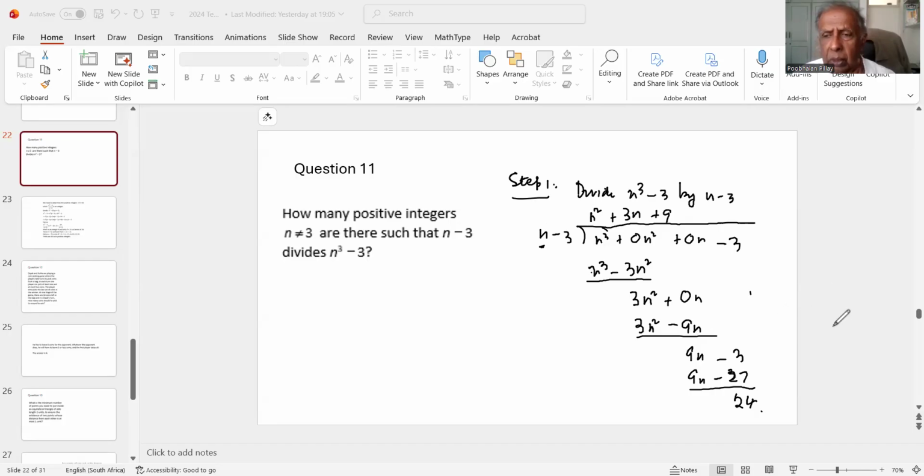All right, now what does all this say? It says that whenever you're doing division, if I'm dividing 29 by 3, I get 3 times 9 is 27, remainder 2. So this 29 is related to the divisor, the quotient and the remainder. How is it related?